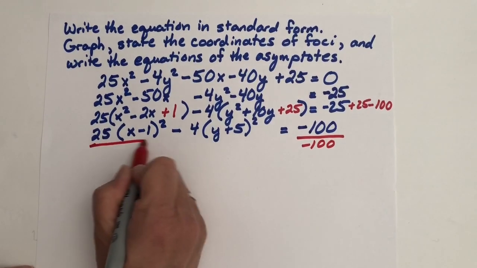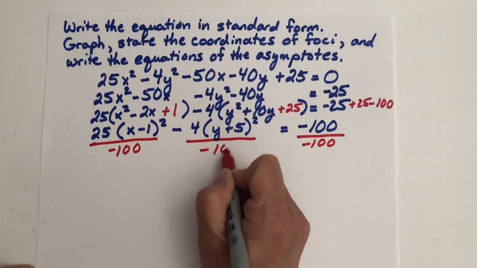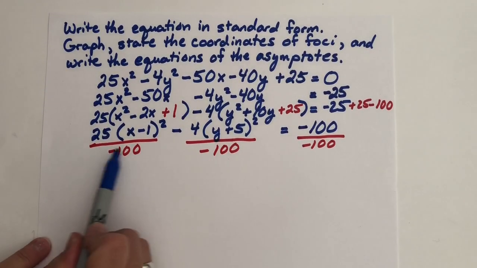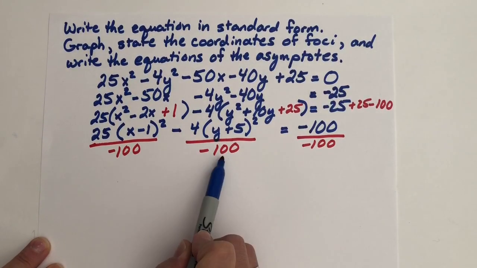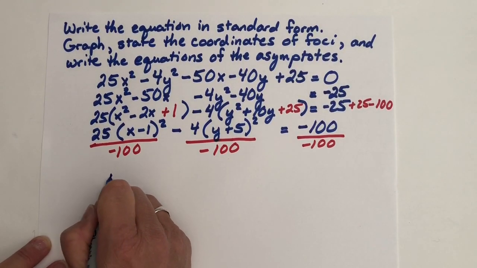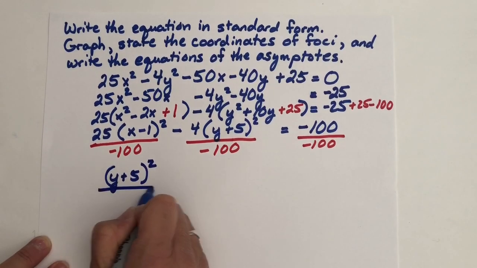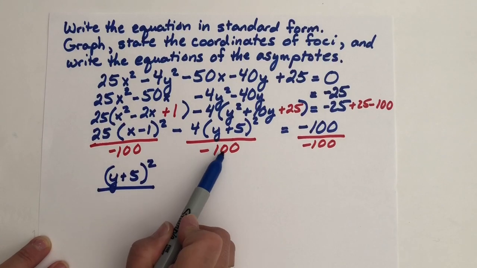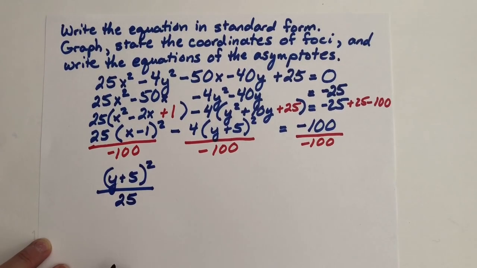And let's divide each term by that. And now notice this expression right here will be negative, and this one will be positive. So I'm going to write this one first. So I have y plus 5 squared over 4 over 100. 4 goes into 100 25 times, so I have a 25 in the denominator.